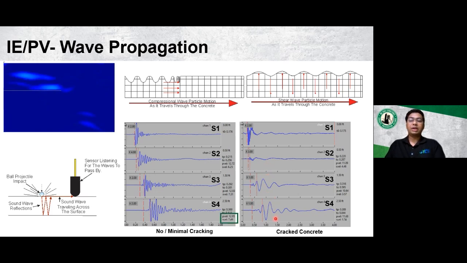Furthermore, on the cracked concrete, sensor 4 shows a reduced compressional and shear wave velocity as compared to the sound concrete. So although the data analysis of these techniques can be highly nuanced, these are the telltale signs of the presence of subsurface defects like cracking, voids, or delaminations.